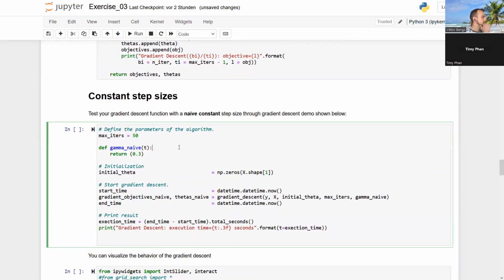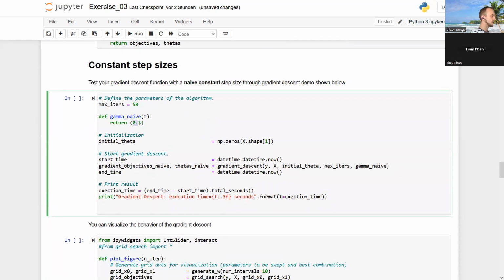We can run this with a very naive choice for the step sizes, namely we simply use a constant step size of 0.3. We can also do something different, it doesn't matter. You can also play around with that and see what's happening. Let's keep 0.3.